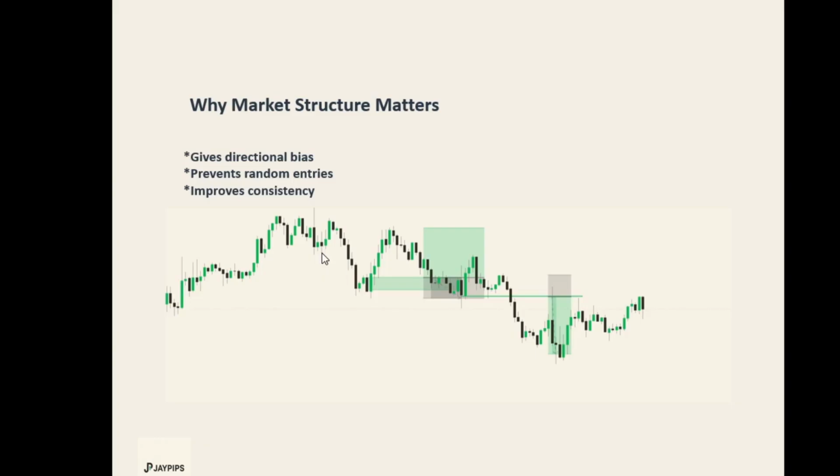We can clearly see the structure formation from this high to this low here. By our left, we can see a swing here, which is a lower low, right? And right here, we can see a lower high. So now a new lower low is being printed, giving us a lower high.